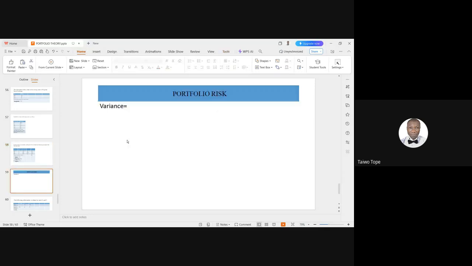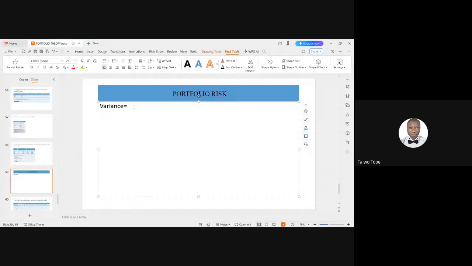All right. How do we compute variance? There is this symbol.